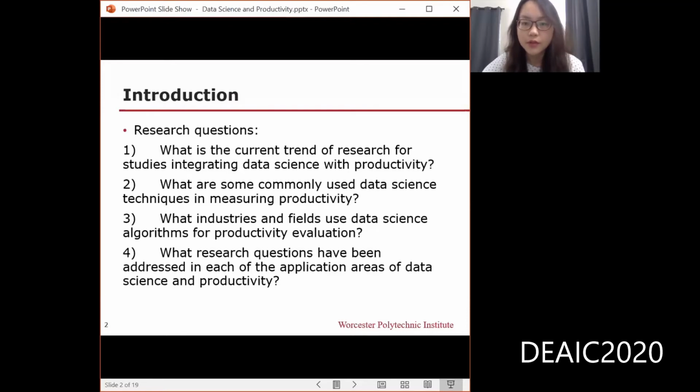Waller and Fawcett, 2013, suggested that data science stands for the application of quantitative and qualitative methods to solve problems and predict outcomes. Provost and Fawcett, 2013, defined data science as a set of fundamental principles that support and guide the principled extraction of information and knowledge from data.